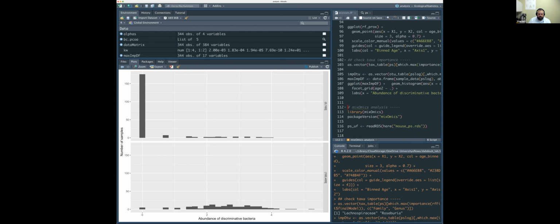And in the older mice, there are a whole bunch of somewhat less strong predictors, but combined together, they provide discrimination. So that can be interesting to say, hey, the community is characterized by a large number of less abundant species, whereas in the young mice, there's one really big important OTU that's really just shifting the entire community away.